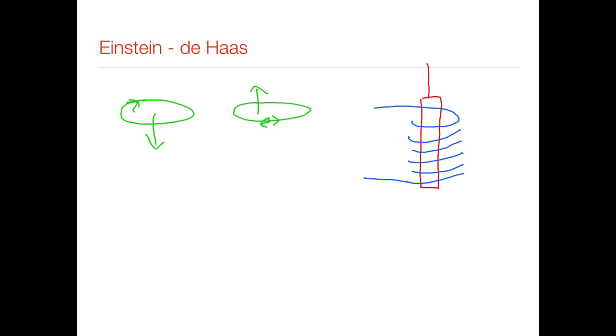What Einstein missed was that the magnetic moment is related to a constant, the Bohr magneton, times J, the angular momentum.